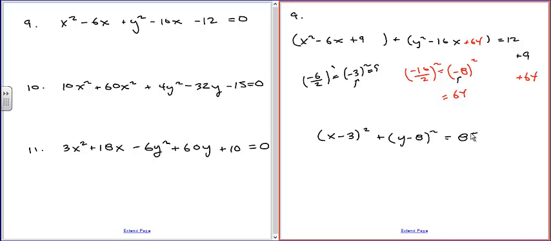So what this is, is a circle with center at 3, 8 with a radius of the square root of 85.